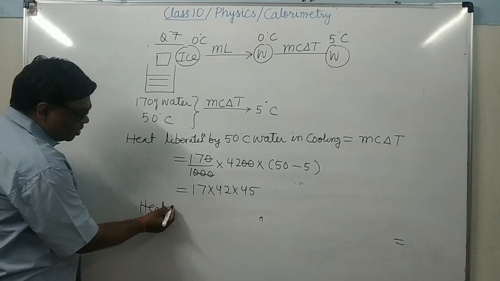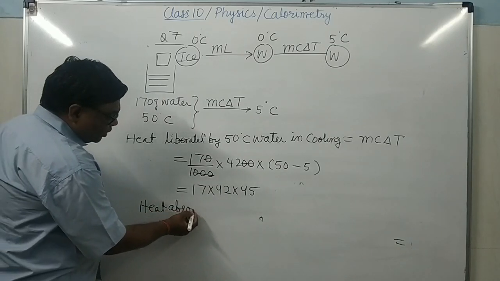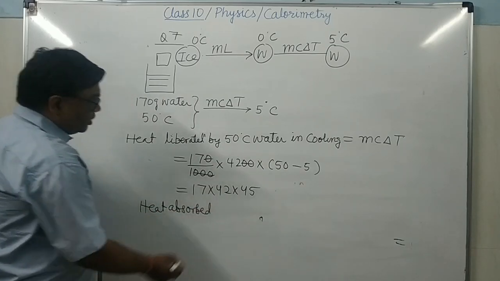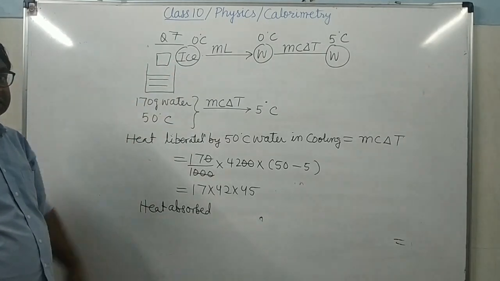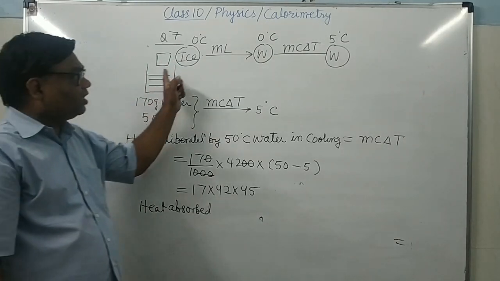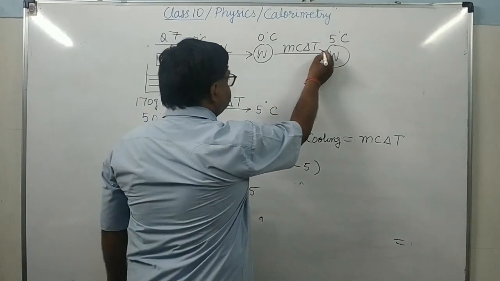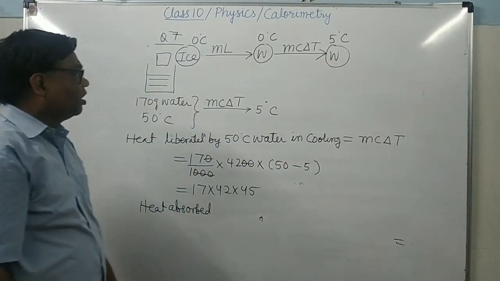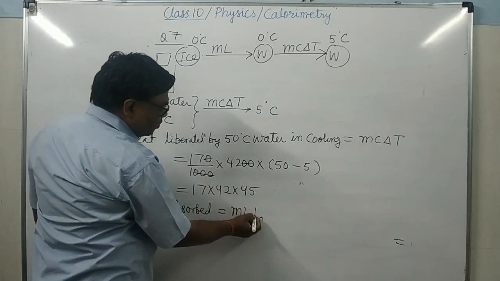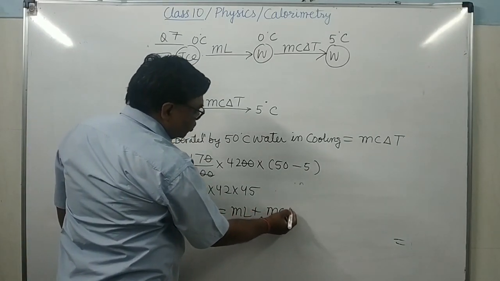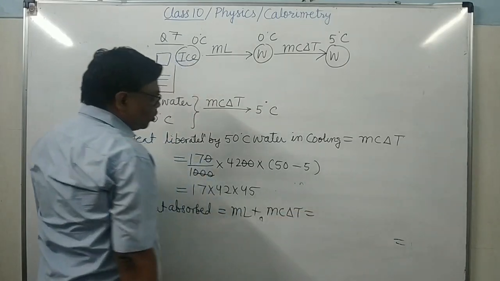Then you find out heat absorbed by ice. These indicator diagrams, both you will make this and that, so that it is clear in which order this change is taking place. So here mL plus m into c into delta T. Mass you have to determine.